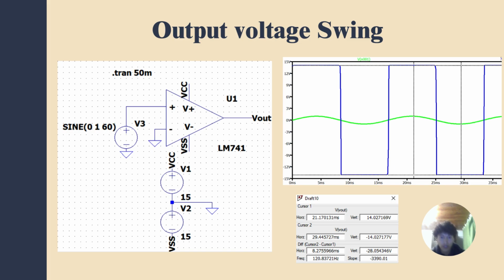So the output should ideally go to plus 15 and minus 15. But as we can see in the graph, it does not reach it, but 14 and minus 14 volts, as the manufacturer said in the datasheet.